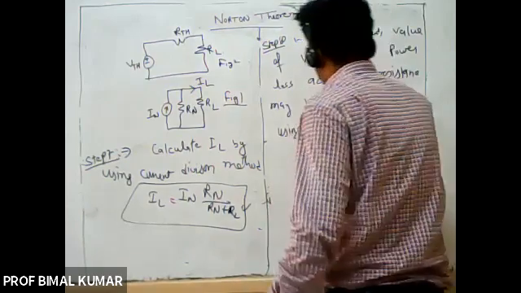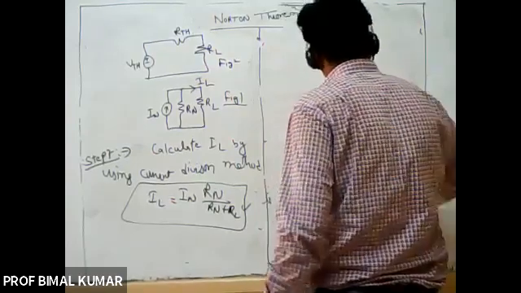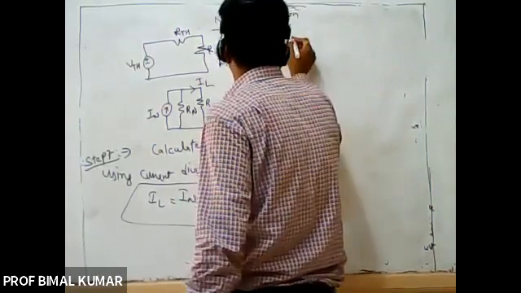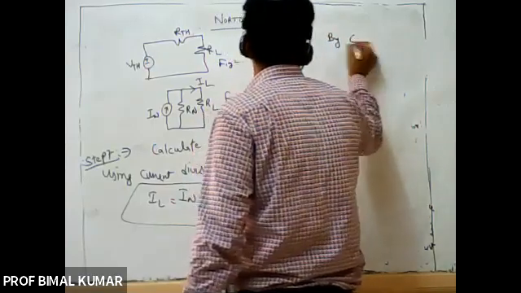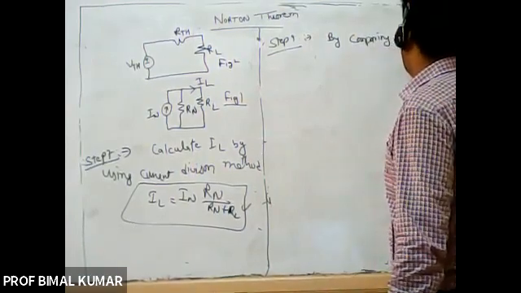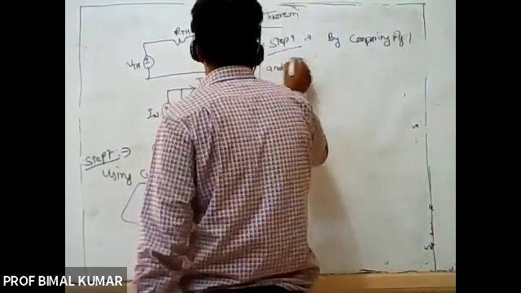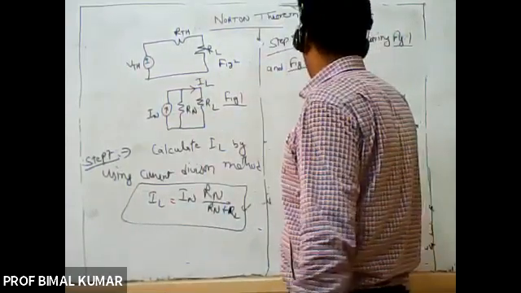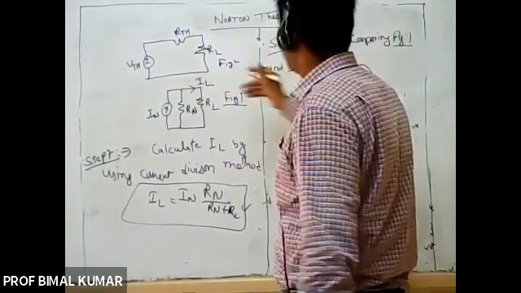Now, next I am taking step 9. If you compare figure 1 and figure 2, what you will see first of all is that RTH is equal to RN, because I am taking the same network.